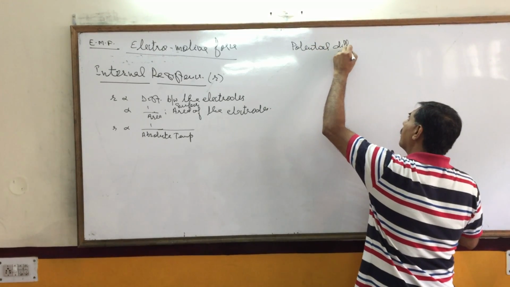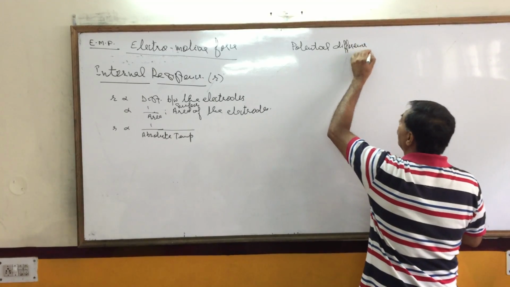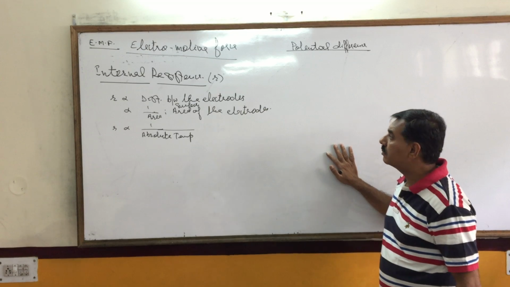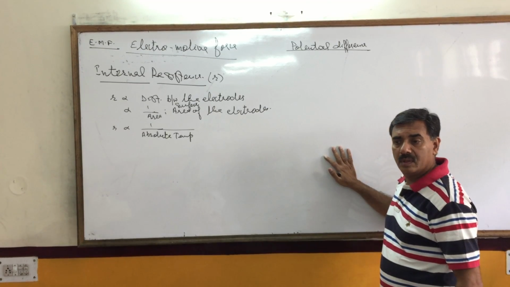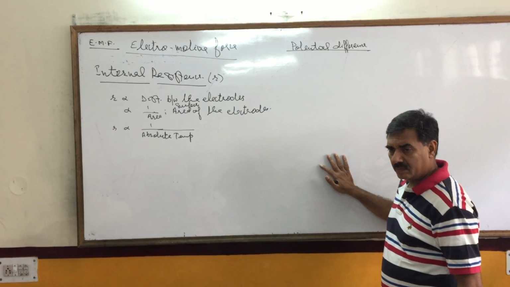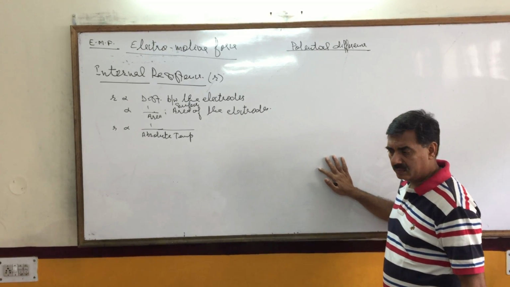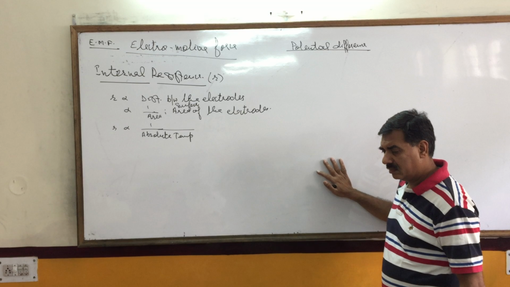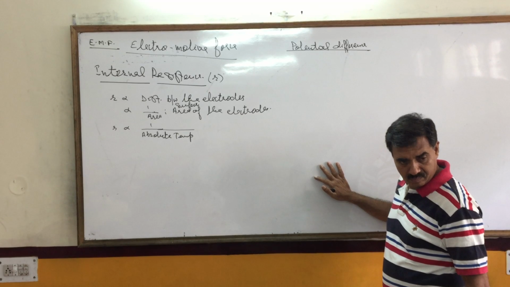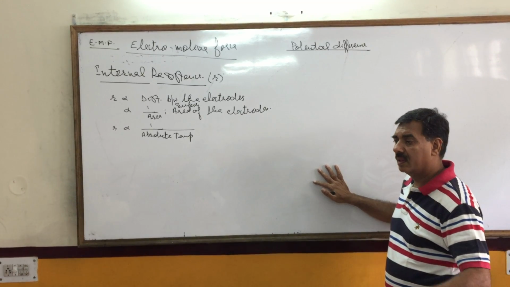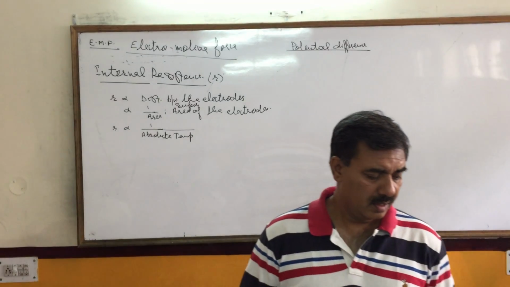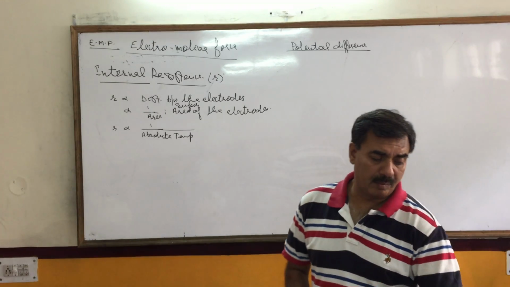Potential difference. The difference of potential between the electrodes of a cell when we are drawing a current from the cell.